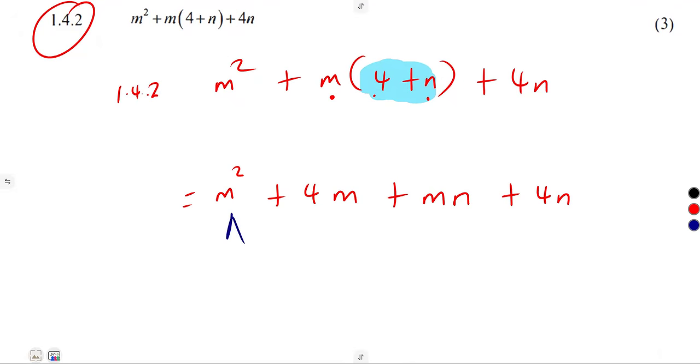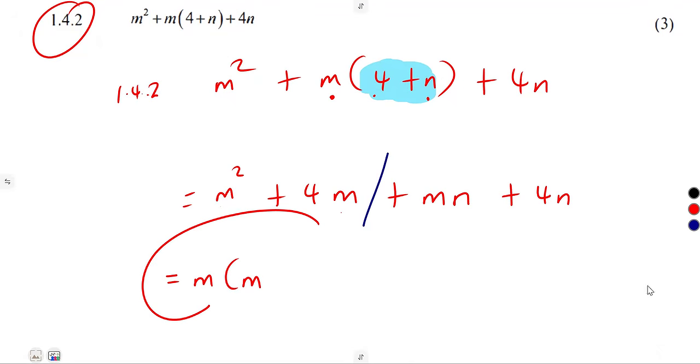So let's group into 2 and see if there is anything common between these two. All right, so there is m which is common there, so we can factor out that m. m squared divided by m, that is going to be m. 4m divided by m, that is going to give us what? A 4.